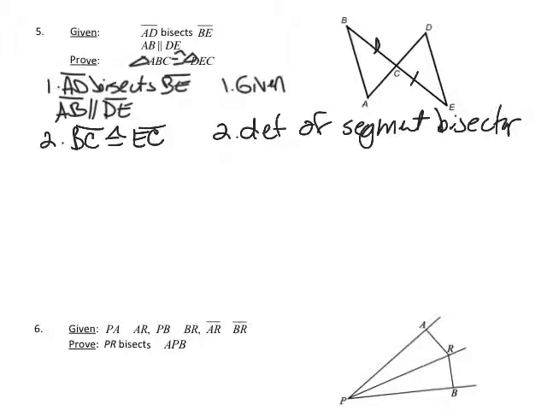Okay, then I have the bow tie, so I'm going to go ahead and get those angles just because that's easy. I can say angle BCA, you cannot say just angle C. Angle BCA is congruent to angle ECD. And that's because vertical angles are congruent.